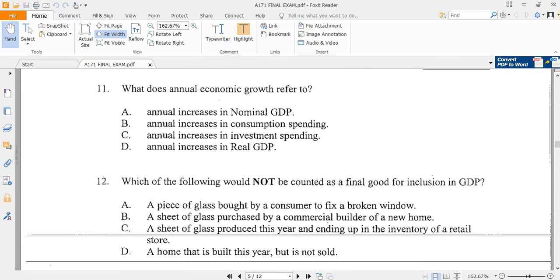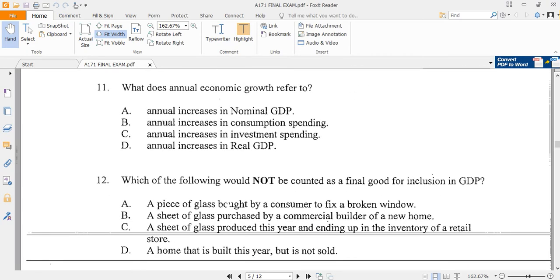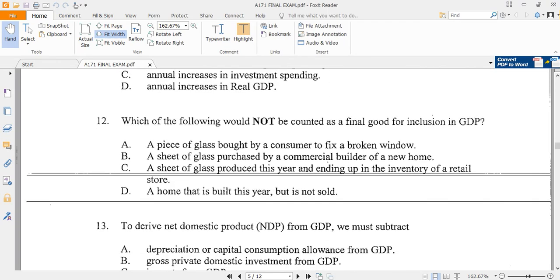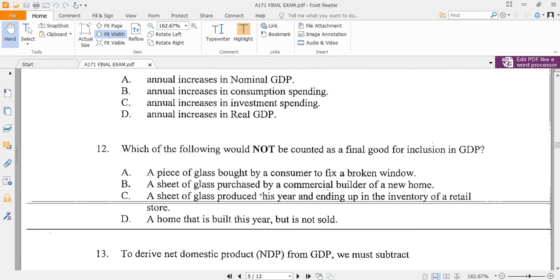Next, which one of the following would not be counted as a final good for inclusion in GDP? The word is final good, so what is a final good and what is an intermediate good or input? A final good is a finished product, so that will be counted. Which one is not considered a final good?